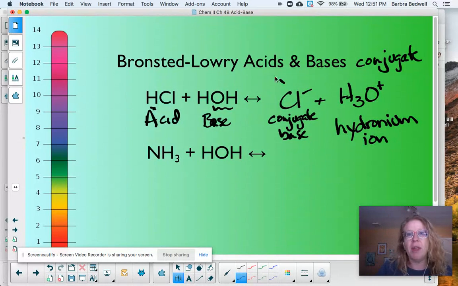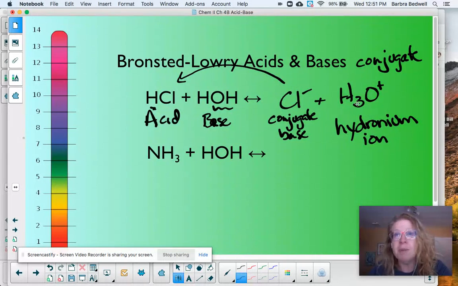If we were to go this direction, how is this acting? The Cl by itself would receive a proton if we're going in the reverse direction. So the reverse reaction is acting like a base. In the forward reaction, the chlorine is giving it away, and it's acting as an acid to begin with. So when it's got the hydrogen with it, it's the acid as a reactant. But when it's in its ion form at the end as a product, it's acting as a conjugate base.